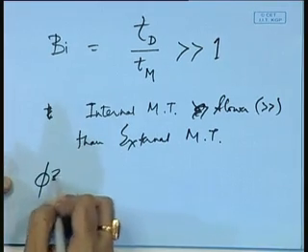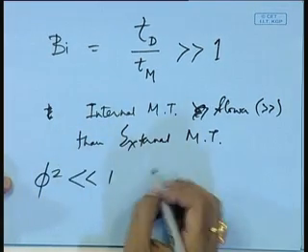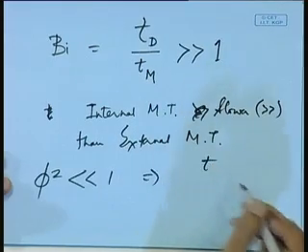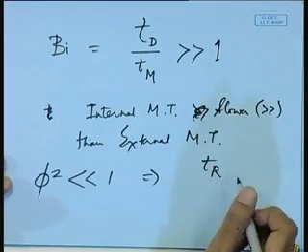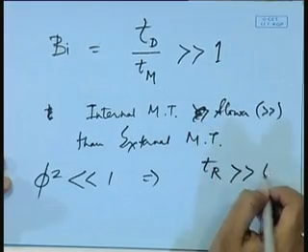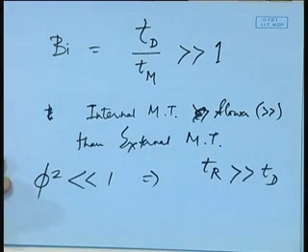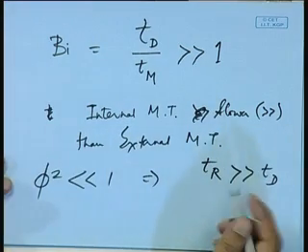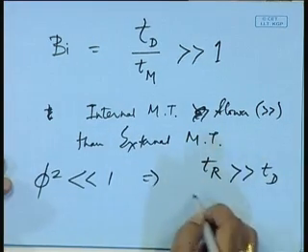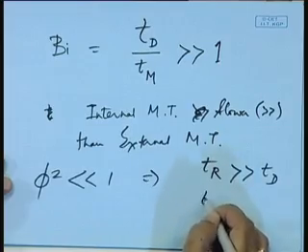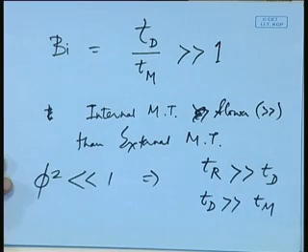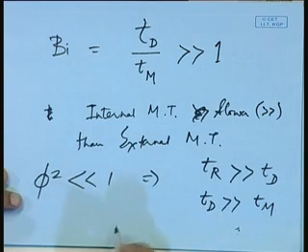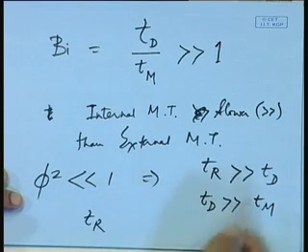So, phi square much smaller than 1 means that Tr is much greater than Td, right. Fine, you see what I am saying here? Do you see now? So, what do you get?